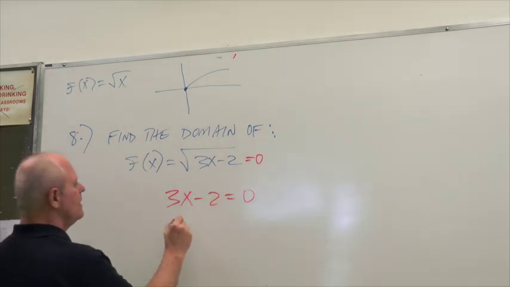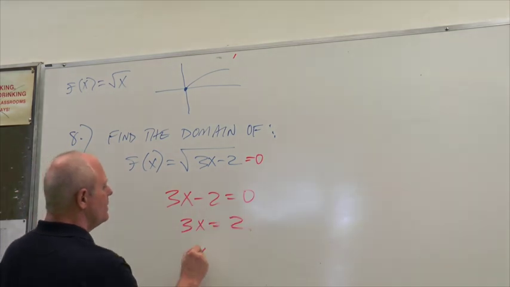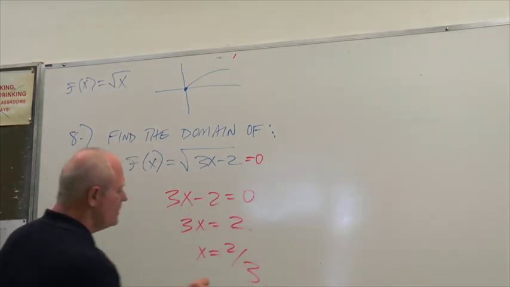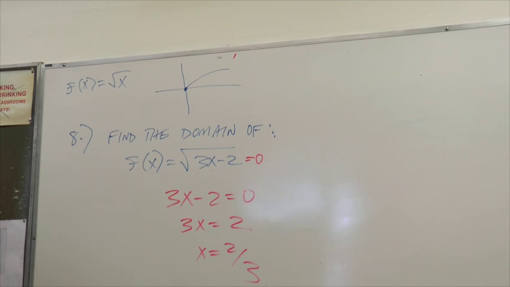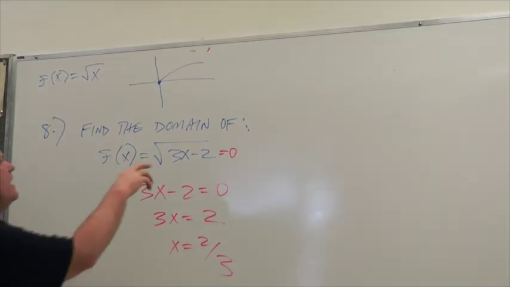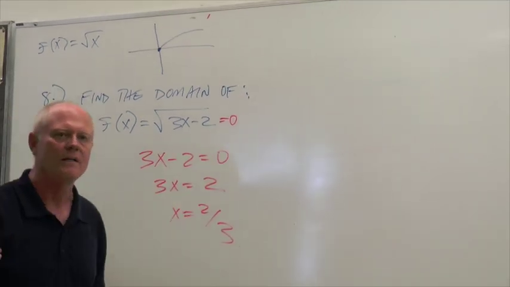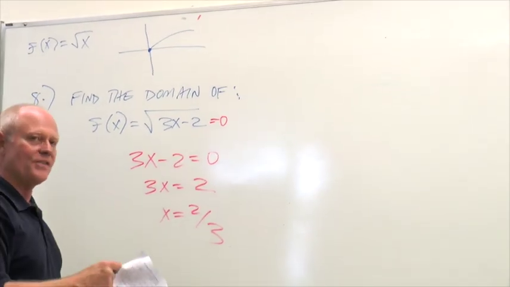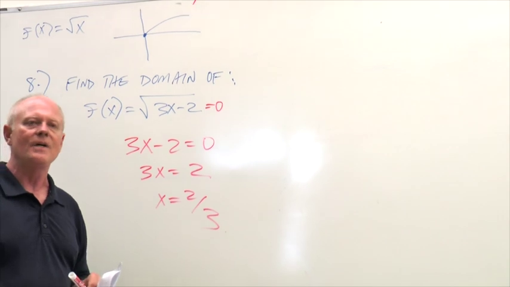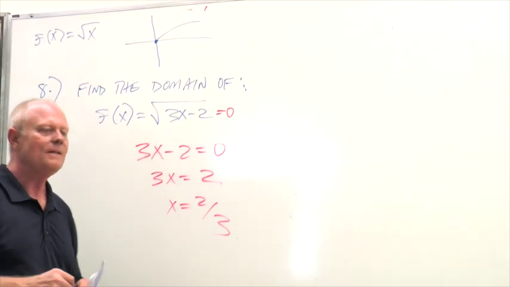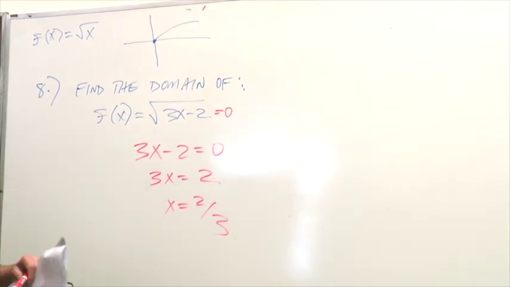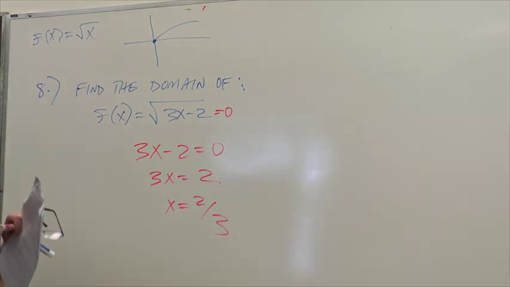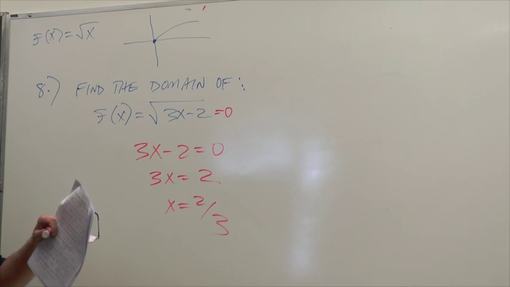What's that yield? 3x is equal to 2, x is equal to 2/3. Now what that means is if we plug 2/3 in under here, we will end up with a 0, right? Good. And that's okay, because the square root of 0 is 0, isn't it? But the question now is, what direction are we allowed to go here? Higher numbers or smaller numbers? Higher. Why? How'd you know that?